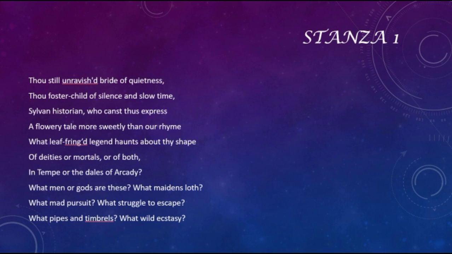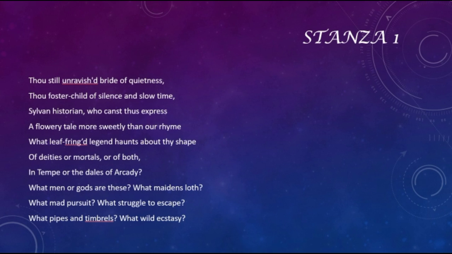It stands silent through the slow march of time, as though it were the adopted child of time. It is the foster child of time.